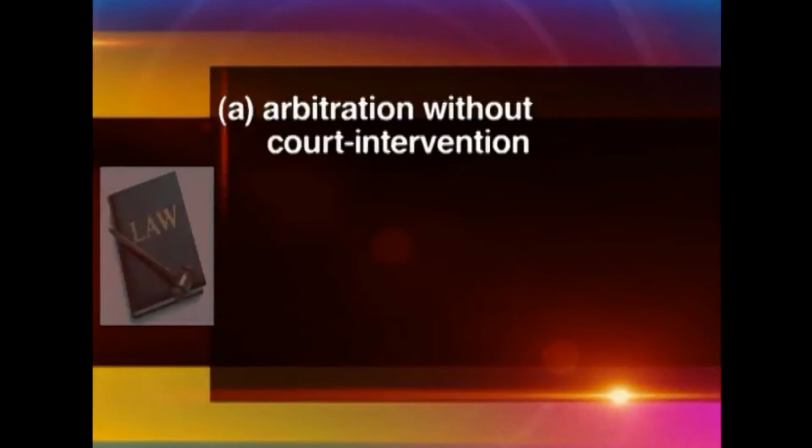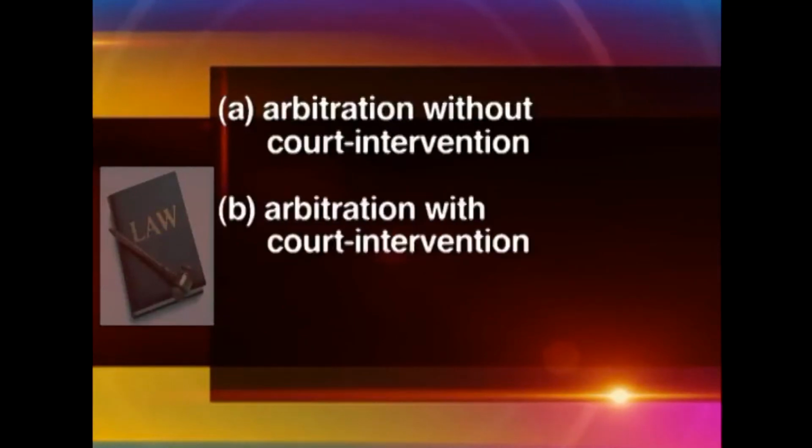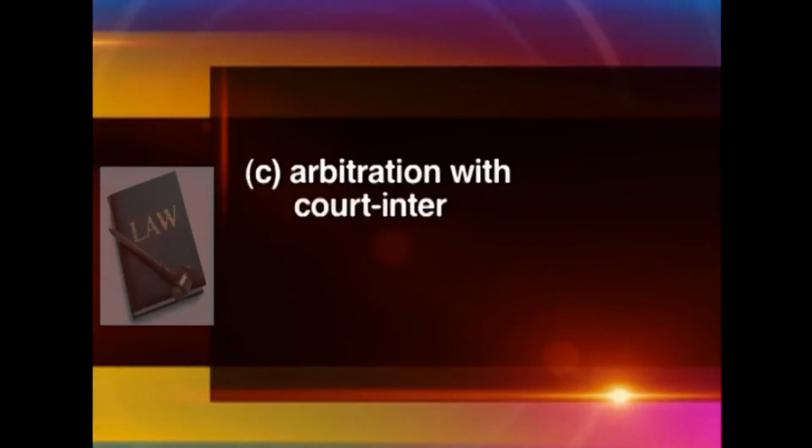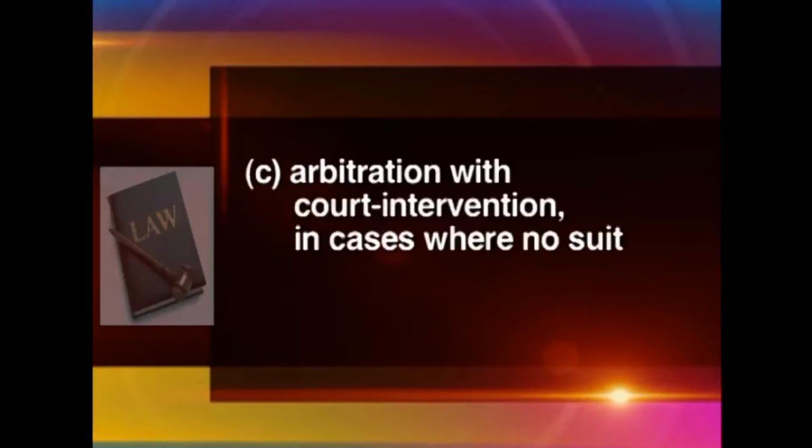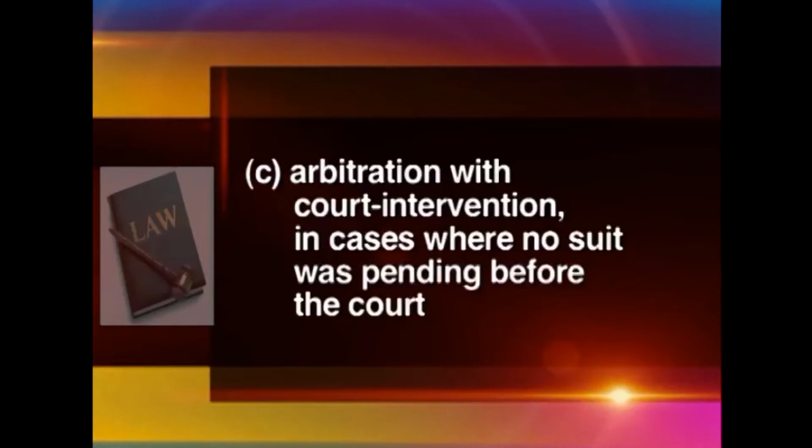The Act designed a three-tier system for arbitration, that is, arbitration without court intervention, arbitration with court intervention in pending suits, and arbitration with court intervention in cases where no suit was pending before the court.